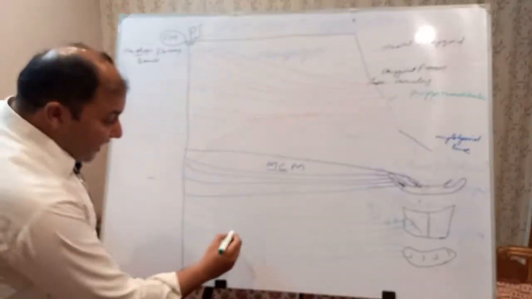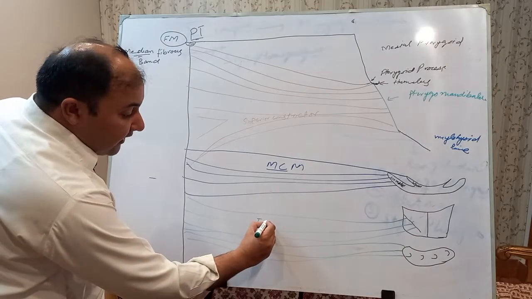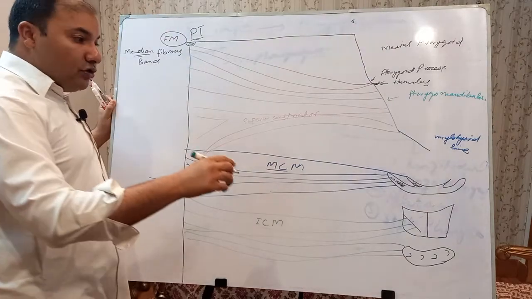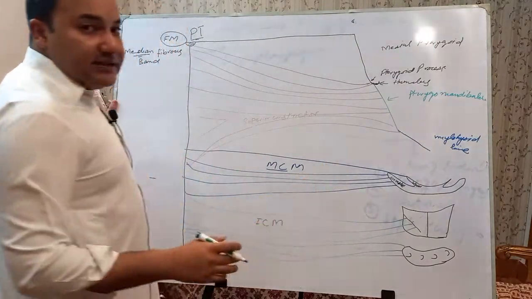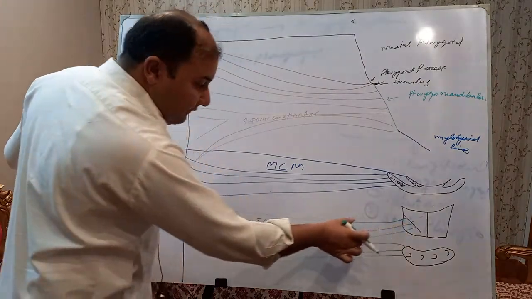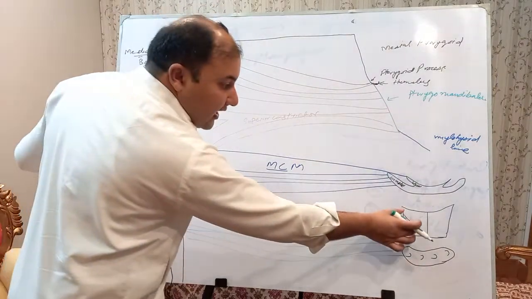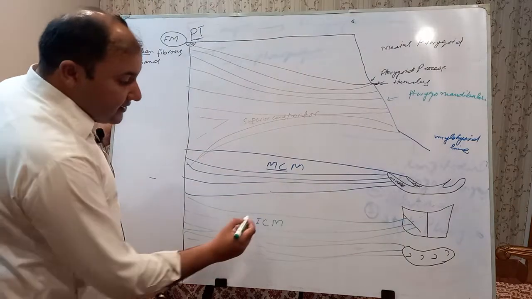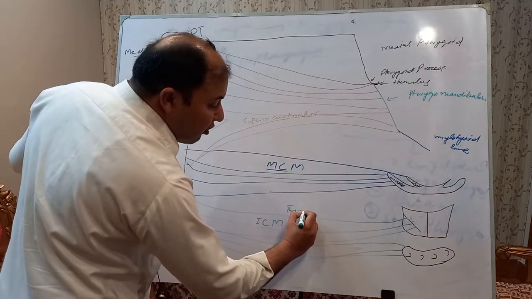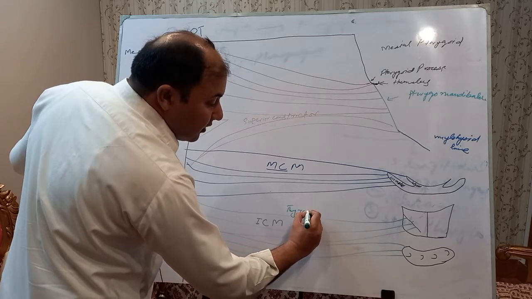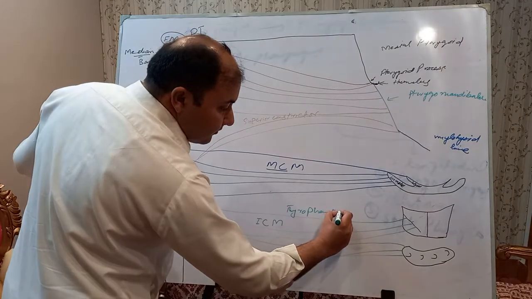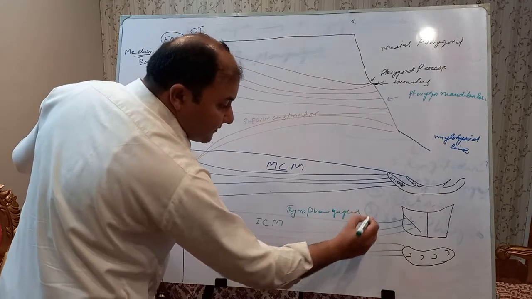This is called the inferior constrictor muscle, but you can also name these muscles from their origin. These muscle fibers originate from the thyroid cartilage, so you can easily say this portion of the muscle is called the thyropharyngeus muscle.